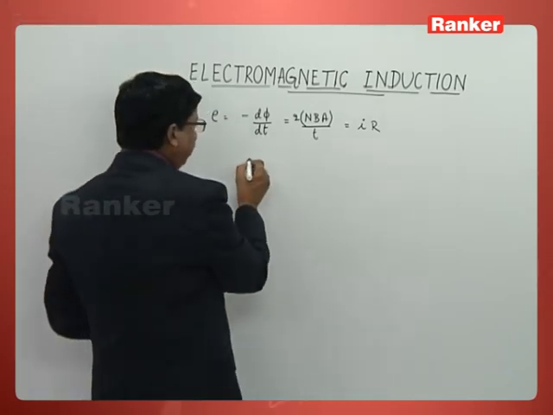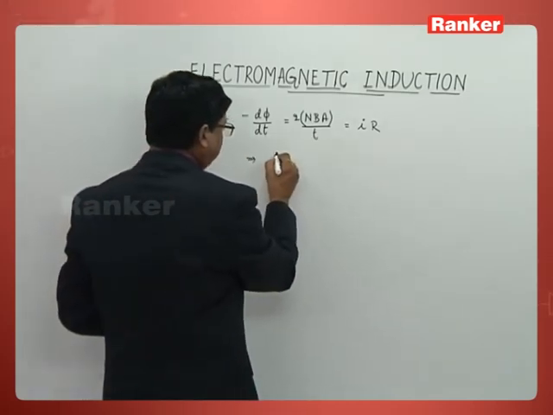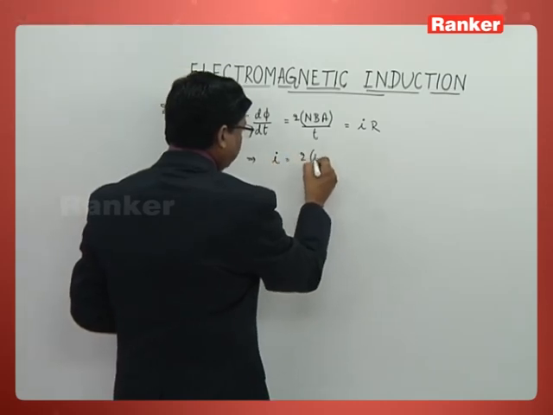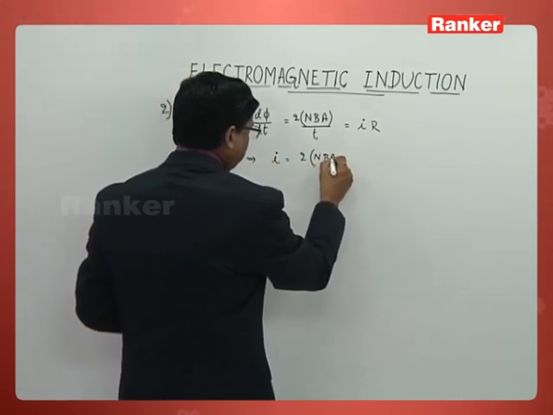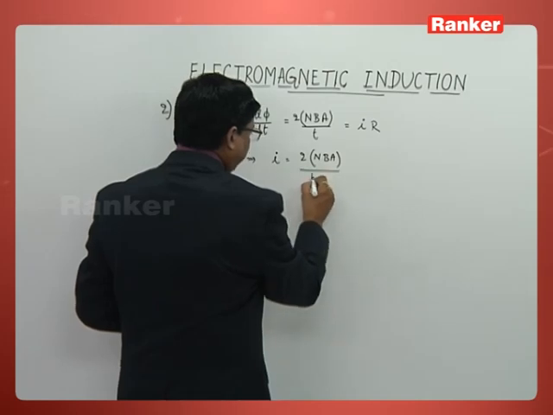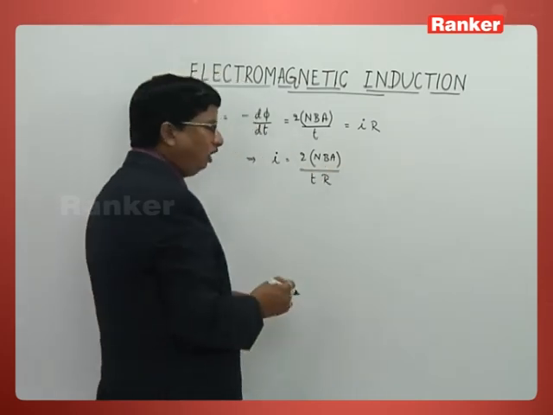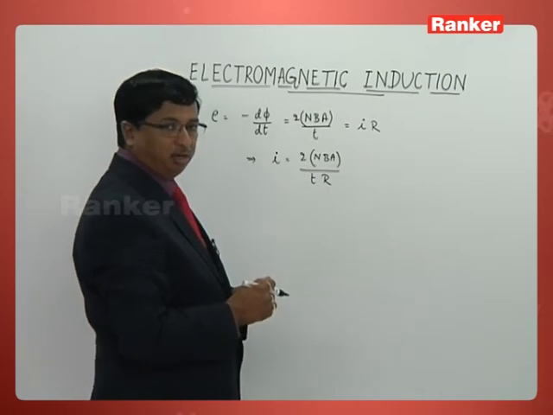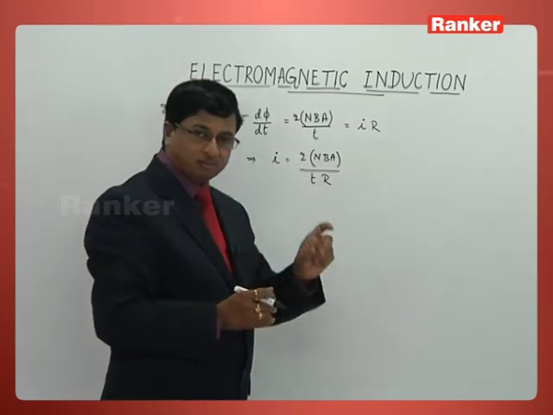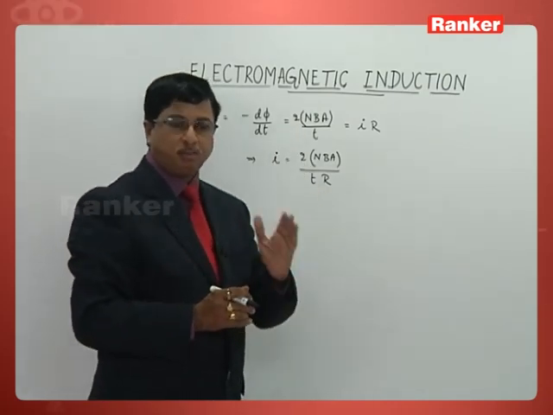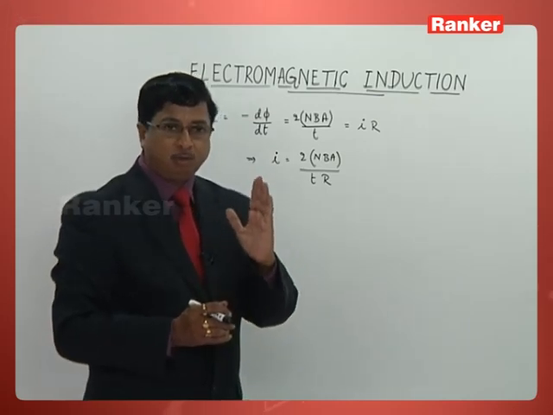So we now can rewrite the same equation for current this way, twice NBA by T into R. Truly speaking, we used to write here NBA cos theta or sin theta depending on the angle we are taking up.